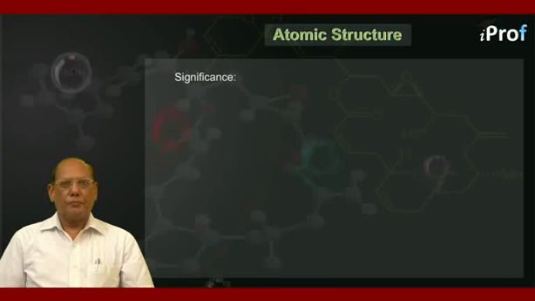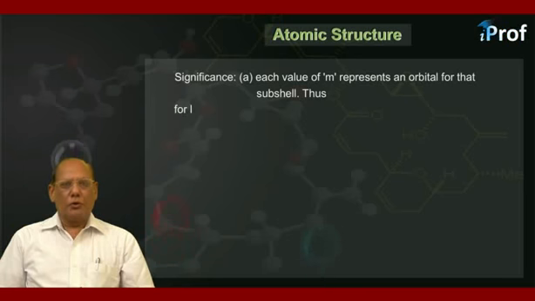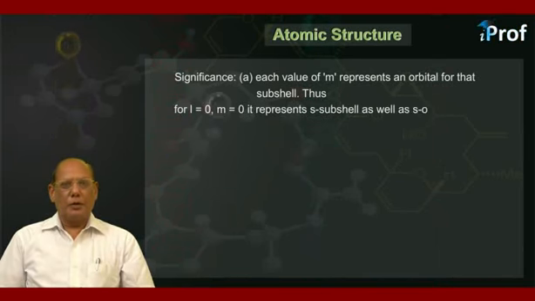Significance: a. Each value of m represents an orbital for that subshell. Thus, for l equal to 0, m is also equal to 0. It represents s subshell as well as s orbital. That is only one orientation.